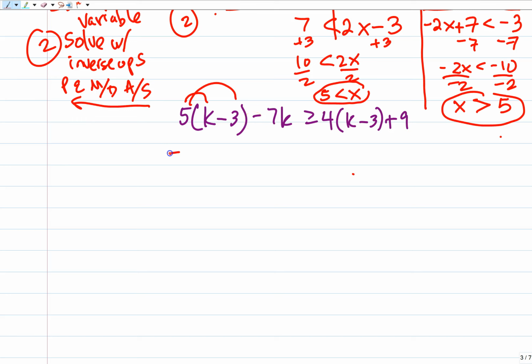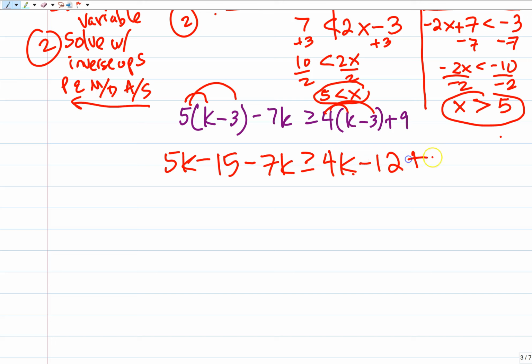So we have 5k minus 5 times 3 is 15 minus 7k greater than or equal to. The 4 distributes to the what? 4k minus 12, good job, plus the 9, leave the 9 alone, right? Am I done simplifying?